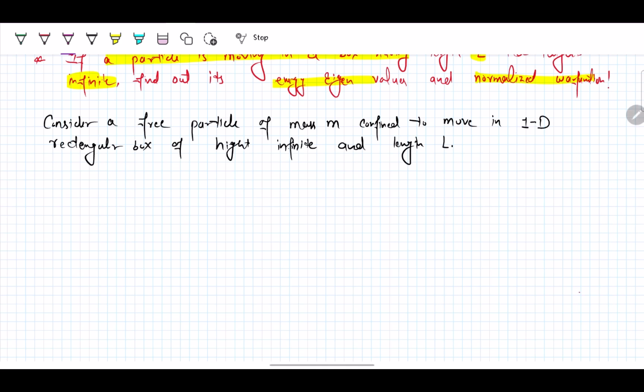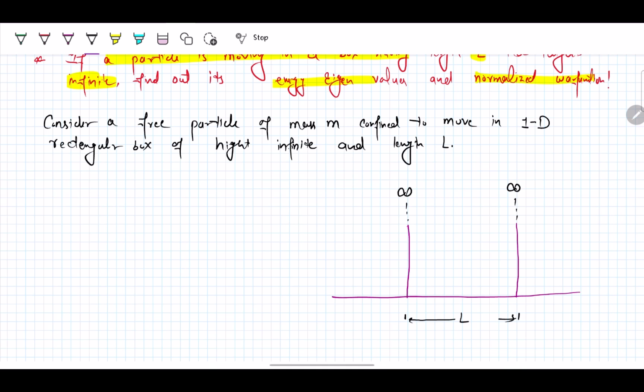So let's make a rectangular box with these conditions. So we have length, that is capital L. Total length from here to here is L. All right, and we know that according to our condition, the height of this box is infinite.